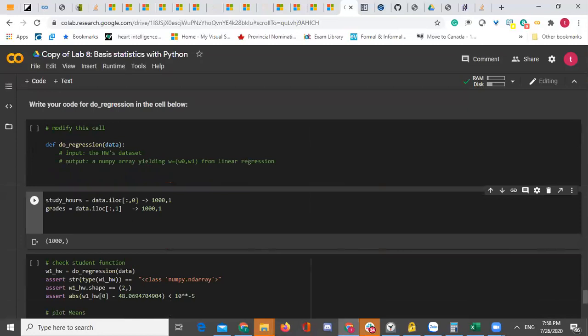Transpose what? We need to transpose the study hours, so that it looks like this, right? No, not quite. Wait a minute, I will explain to you. Study hours.